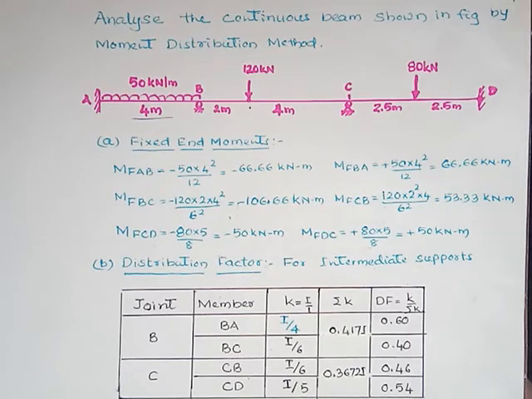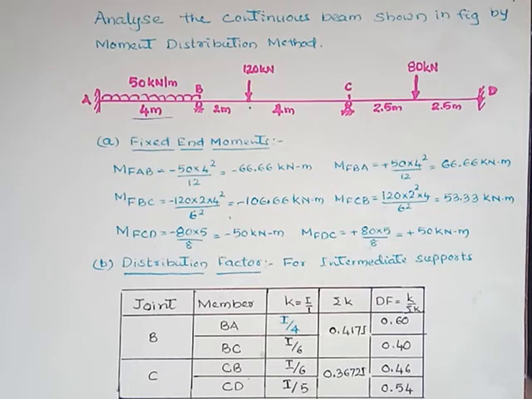Here the unbalanced moment is 53.33 minus 50, that is plus 3.33. You have to balance this by adding minus 3.33 and distribute it among these two members: minus 3.33 into 0.46, you will get minus 1.53, and minus 3.33 into 0.54 is minus 1.8.